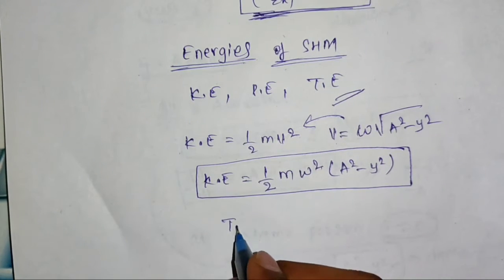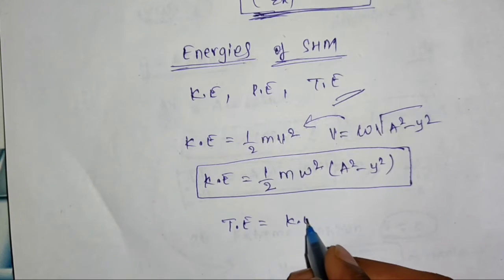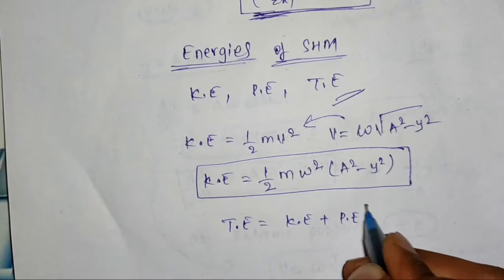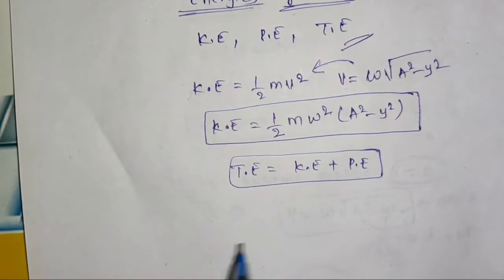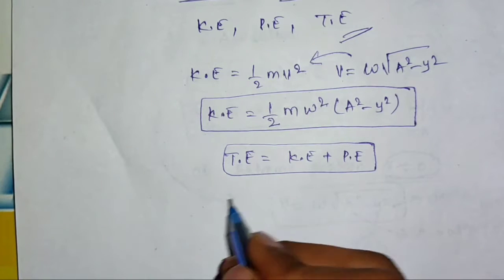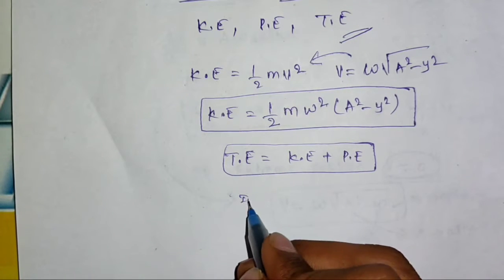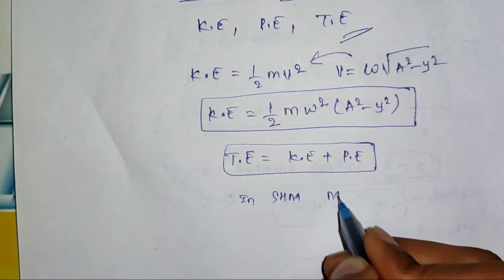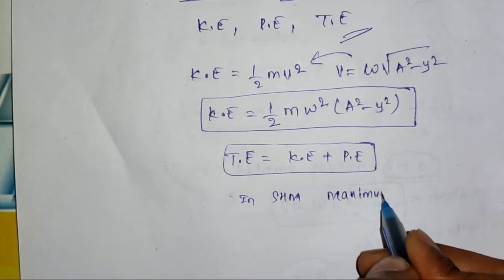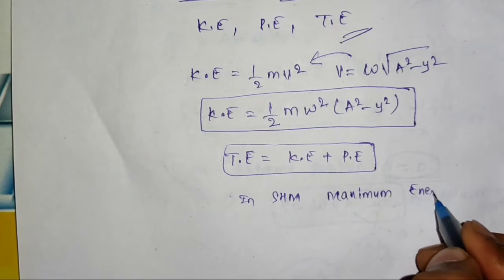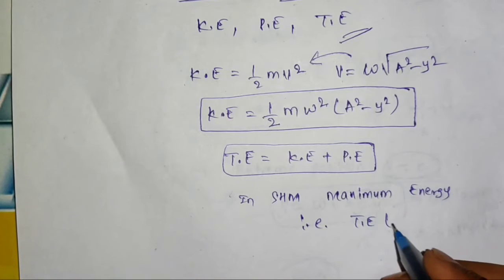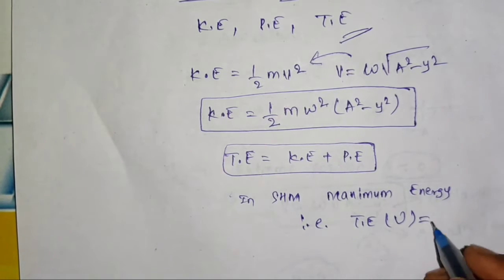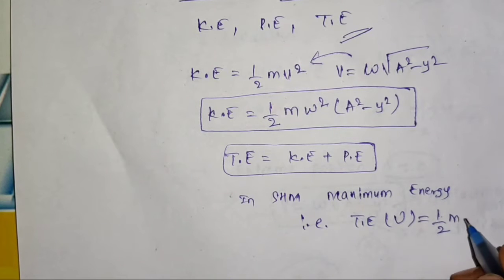We know that total energy is equal to kinetic energy plus potential energy. Remember this also. So in SHM, the maximum energy, that is total energy, we can describe with respect to U. U = ½mω²A².